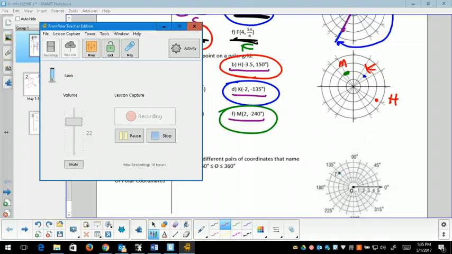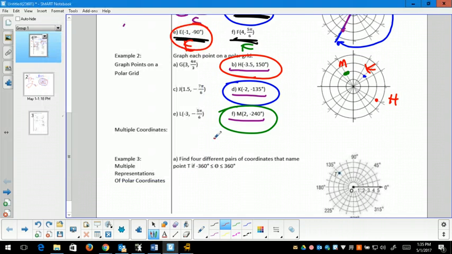Did anybody not get those? Yes? Why is K in the first question? So K is -2, -135. I don't like working with negative angles, particularly in degrees. So I did 135 plus 360 and found that that was actually an angle of 225.